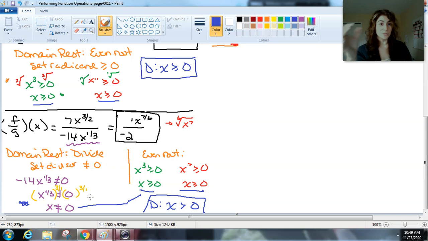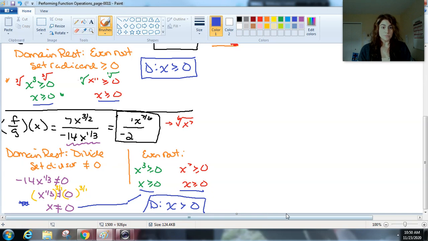This is where it gets a little tricky. When I have multiple domain restrictions, I have to figure out how to make that work. If one tells me it can't be 0, and another says it has to be greater than or equal to 0, I'm not going to put the or equal to sign, because that guarantees it will never equal 0, but it will also be positive, so it will work in all of my even roots.